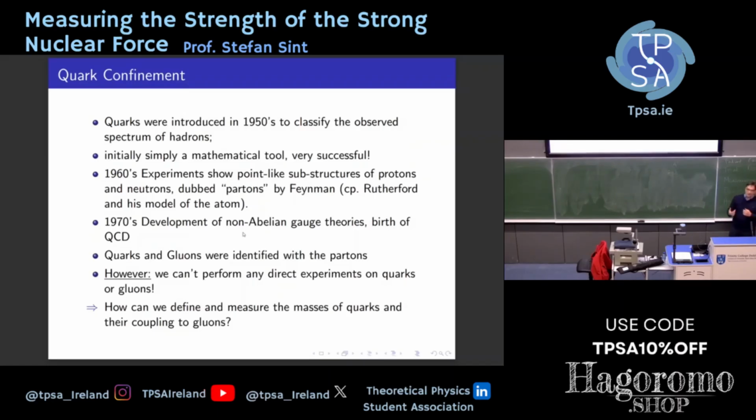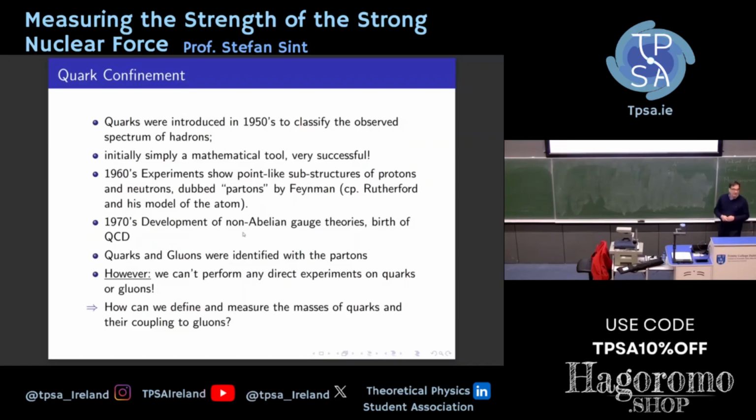Quarks were introduced I think in the 1950s, basically as a mathematical tool, as an ingredient to classify the observed particle zoo. People saw loads of particles. They were first observed in cosmic radiation, and then also in laboratories from the 1950s on. There were dozens and then later hundreds of particle states observed, and it was called a particle zoo.